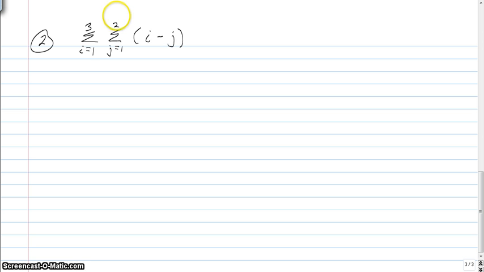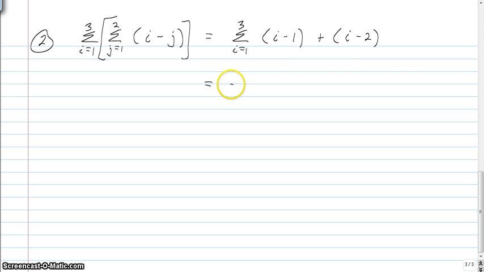So the way you do this is you start with the inner sum first. So just leave that sum I goes from 1 to 3 alone. Right, and first we're going to plug 1 in for J. Add to that, and then plug 2 in for J. Right, so all this stuff is now inside of that outer sum, and we can just simplify a little bit before we apply this outer sum.